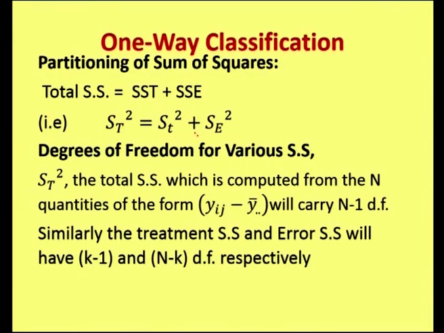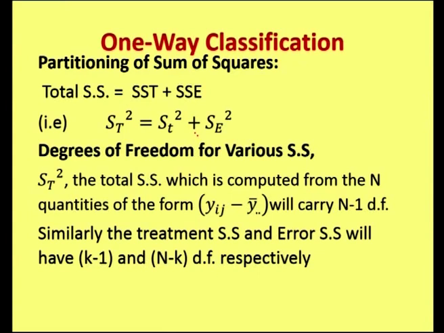The total variation in the data is partitioned into different sums of squares. So, here we have the total sum of squares as the sum of squares due to treatments and the sum of squares due to error, represented by ST squared for treatment and SE squared for error. For the different sums of squares, we have the degrees of freedom.